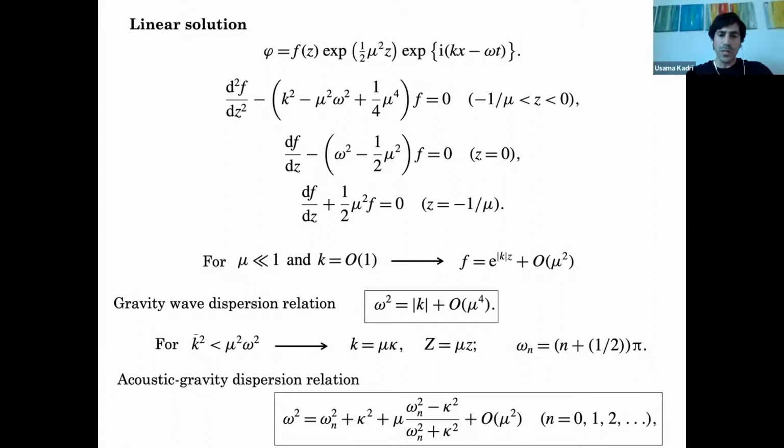What we find is that the first solution, the first mode of the dispersion relation, is basically the gravity wave, the surface gravity wave. And the next solutions, you have a countable infinity, actually, of solutions that are for the acoustic gravity waves. Now, you can have different numbers of acoustic gravity waves depending on the conditions, on the depth and other details, which is not so important right now.